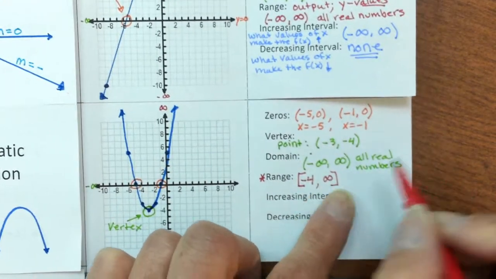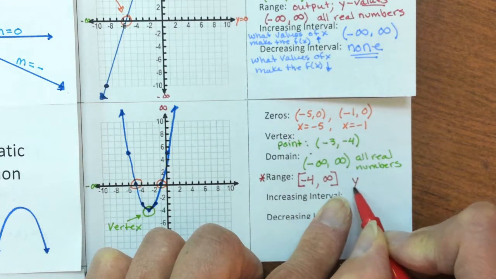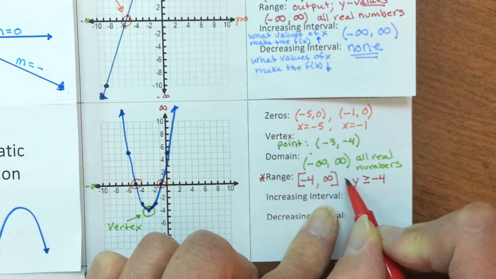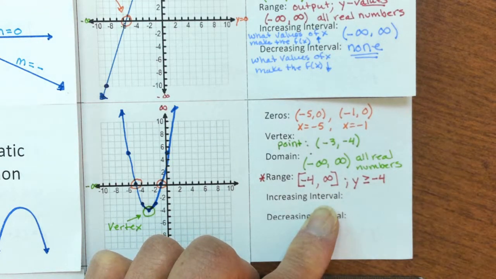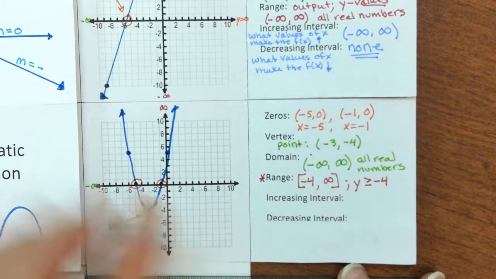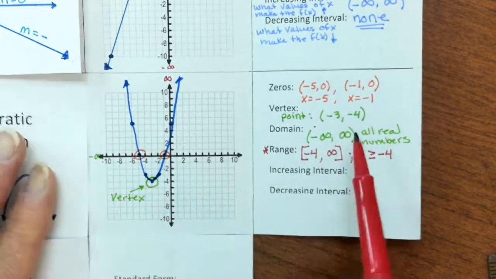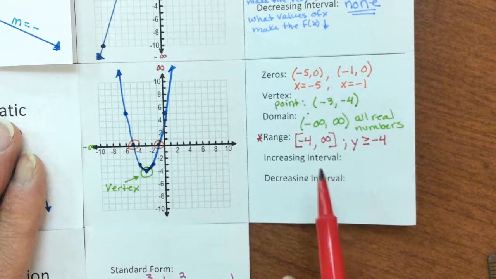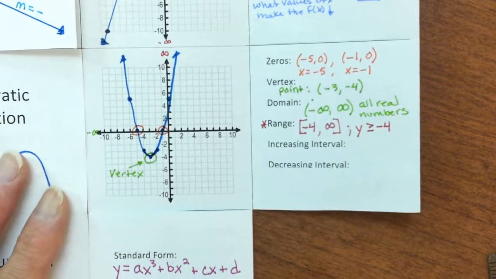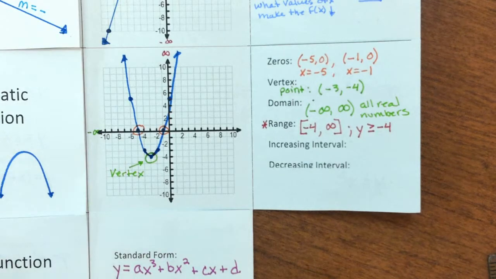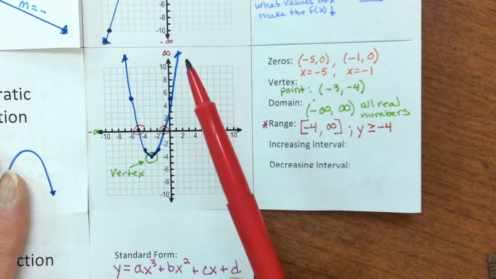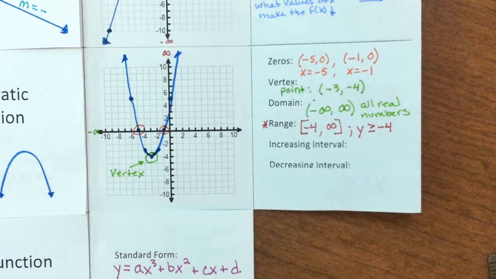Another way of looking at this is where y is greater than or equal to -4. That's another way of looking at the range. Now we have to be a little careful about increasing interval and decreasing interval. We actually have both in this example. Remember I said think about it like slope. We technically don't have a slope in a parabola, but we can pretend we do.